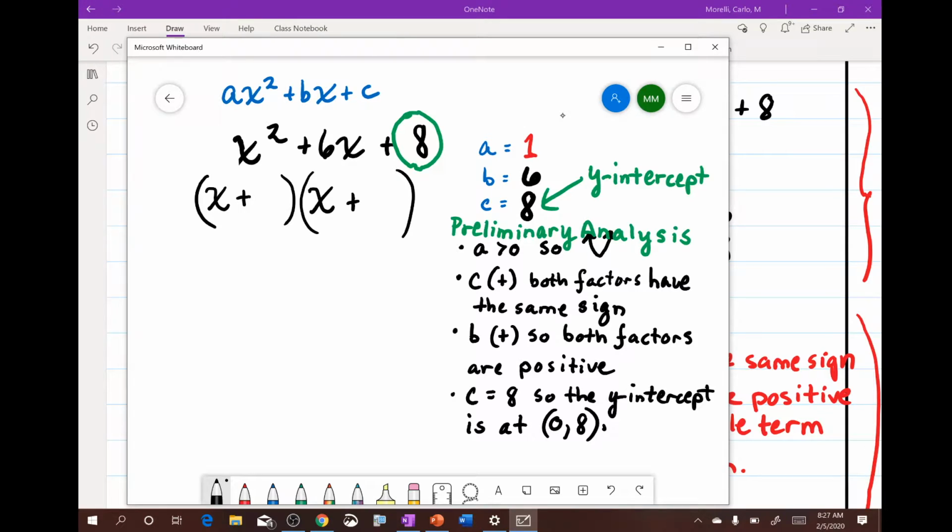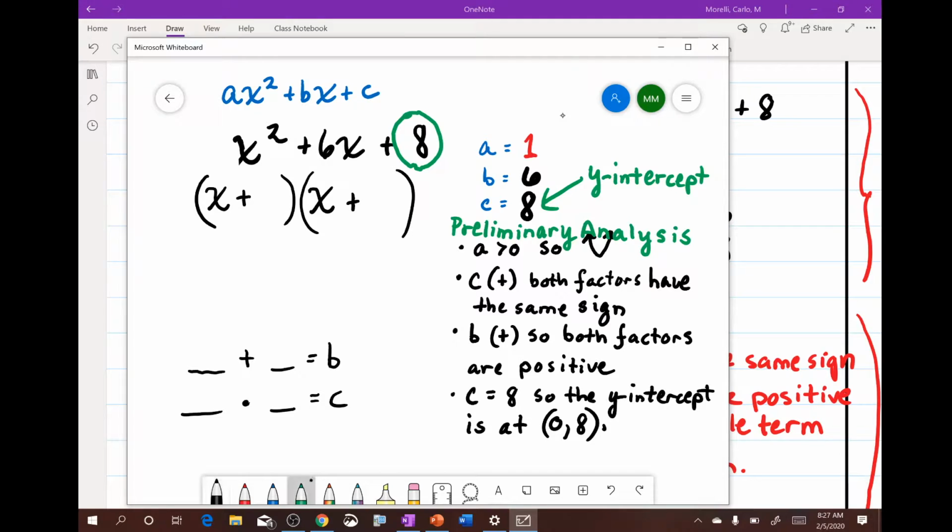So now we have to play a little game. Here's the game. You ready? We need two numbers that add to equal b and multiply to equal c.